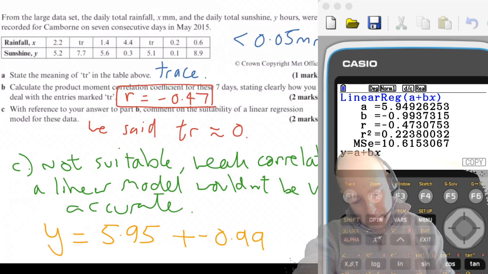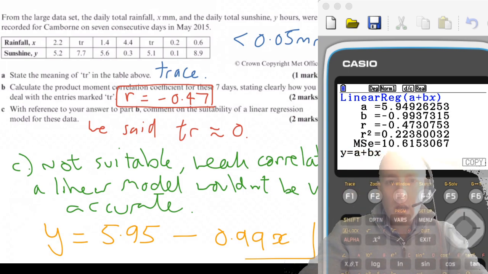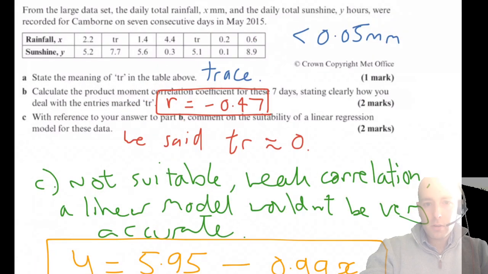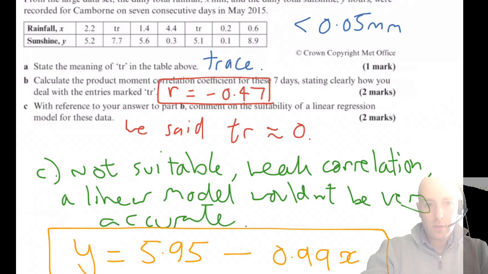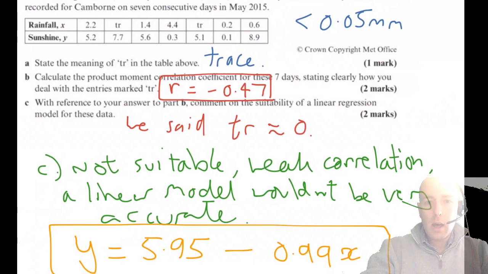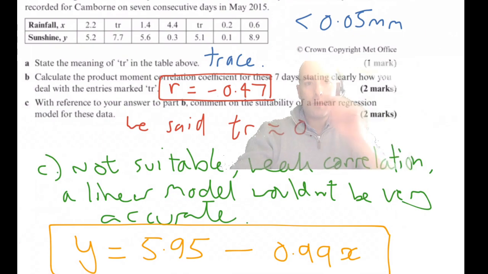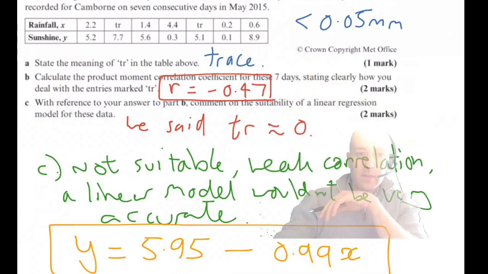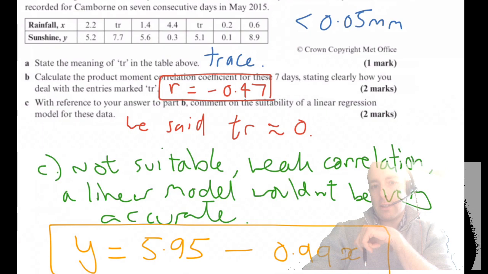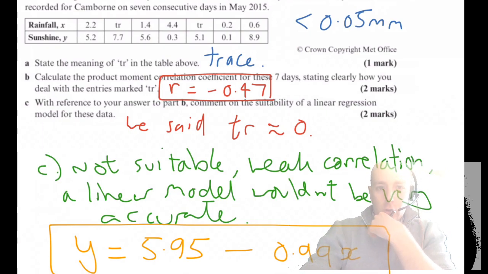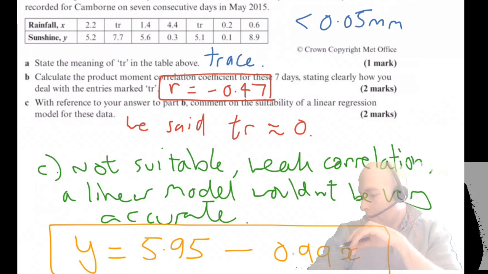Just get rid of the extra plus that we don't need there. So that would be my model as read off the calculator there. So if it was better correlated, if it was strong rather than weak, that'd be how you work out what your linear model, your best fit equation is for your two variables. And then we could use that to predict things or check other things.